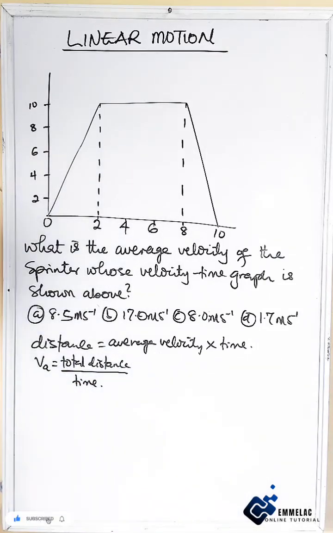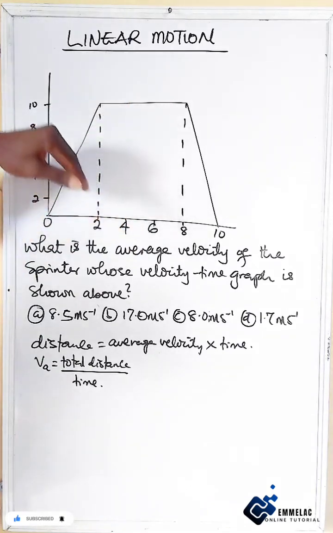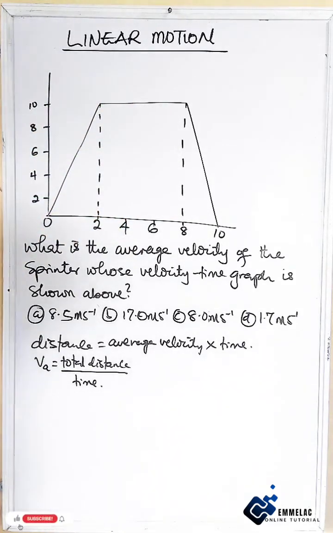Then for us now to get the actual value here, what we need to do is to calculate the total distance, and the total distance here is the total area of the diagram. That is the area under the velocity time graph.